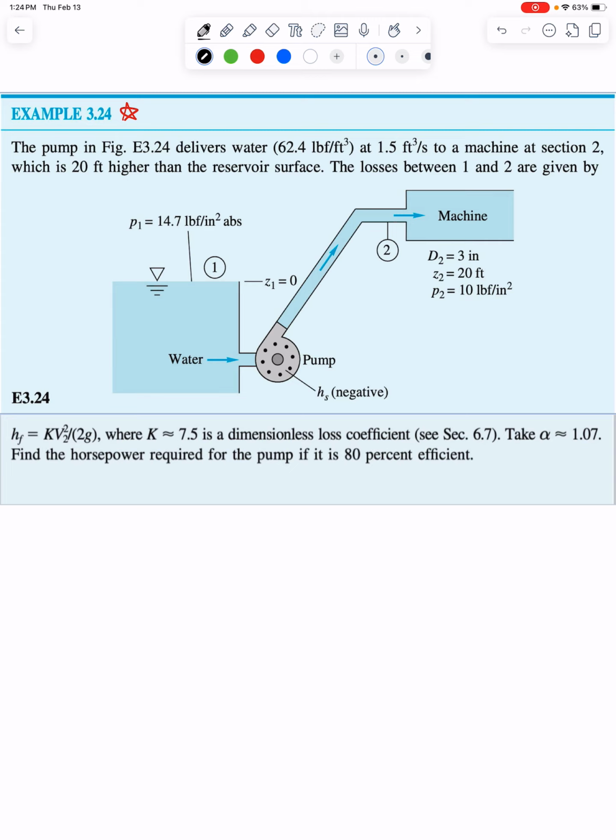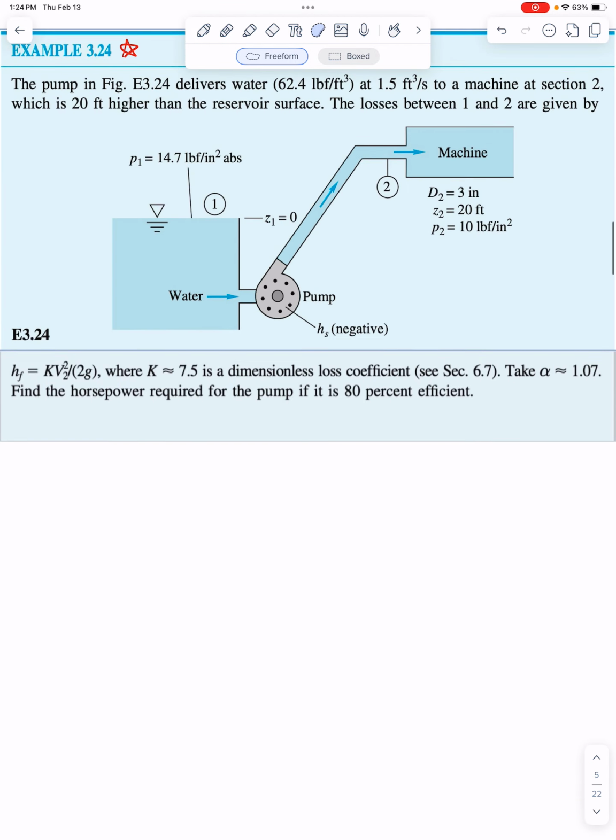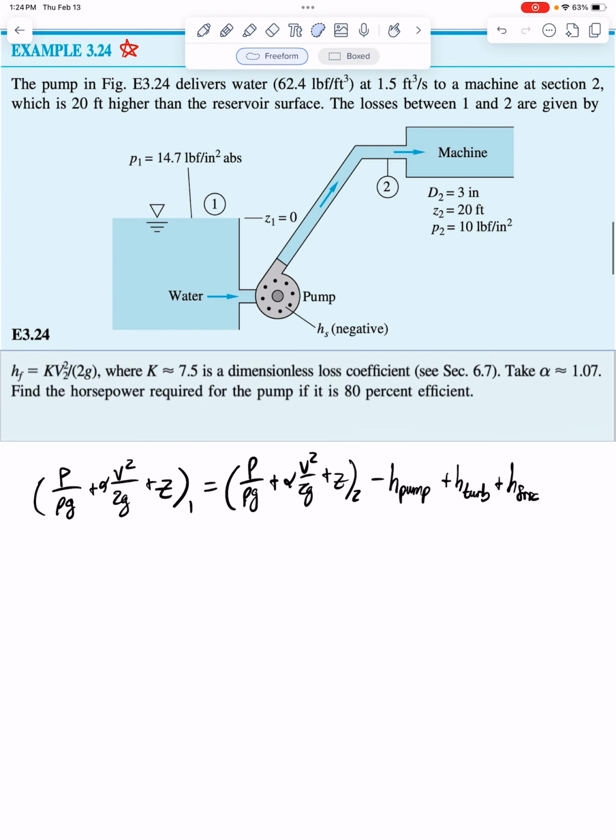So let me copy that energy term real quick first. Maybe I have it already. Okay, quickly talking about the schematic. The alpha term you see there is your kinetic correction factor, the correction factor for your kinetic energy term, which is your velocity head.